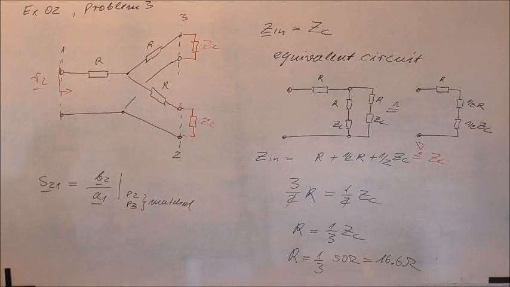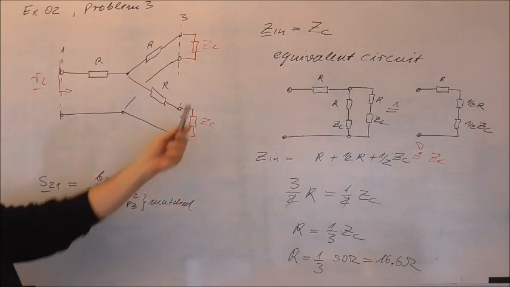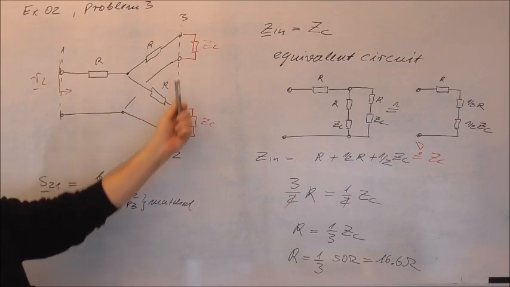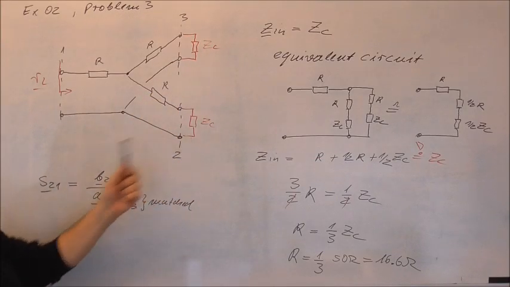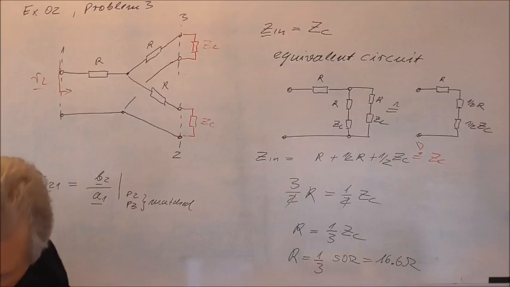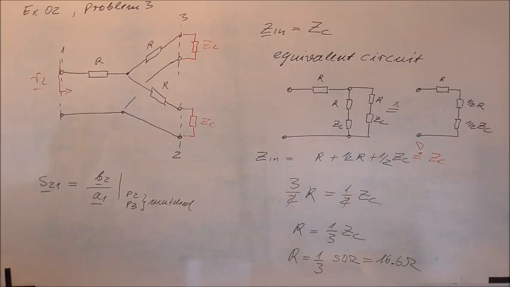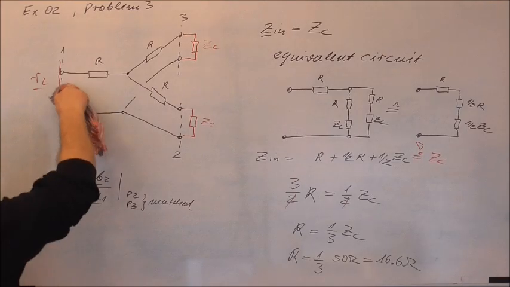So we have the same situation that we must terminate this transmission line with the characteristic impedance. Perhaps I delete this first here.